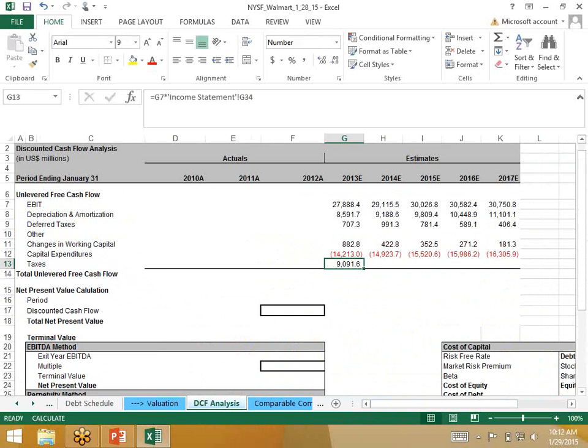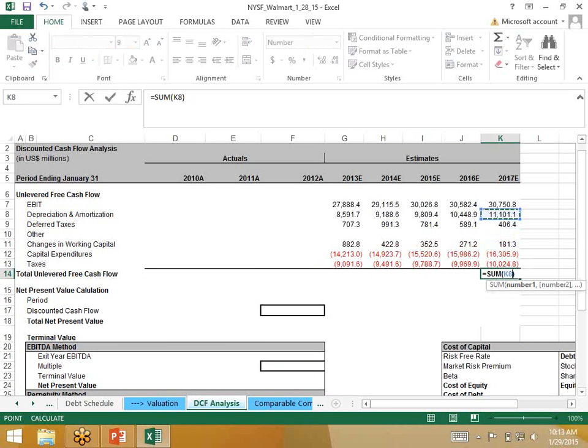EBIT times the tax rate, throw a minus sign on that to make it negative. And I'm going to add everything up, even though I had left out that other for now. And I'll give you a few minutes to catch up.